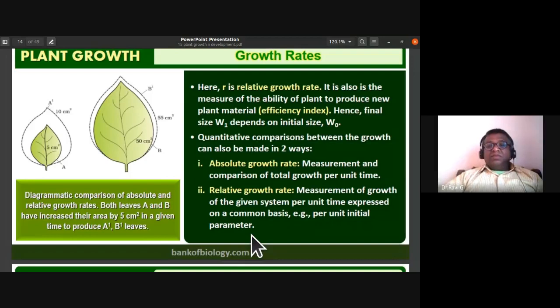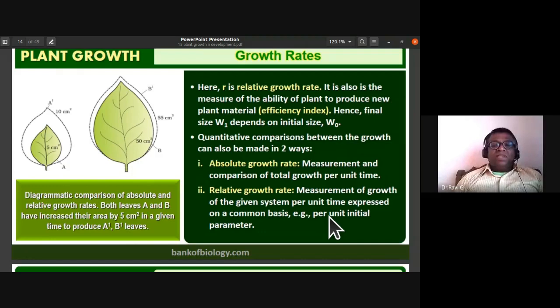Okay. So the measurement of growth of the given system per unit time is not the total growth measurement. If we have total growth measurement, we call it absolute growth rate. Relative growth is the measurement of growth of the given system per unit time. It is not total growth.